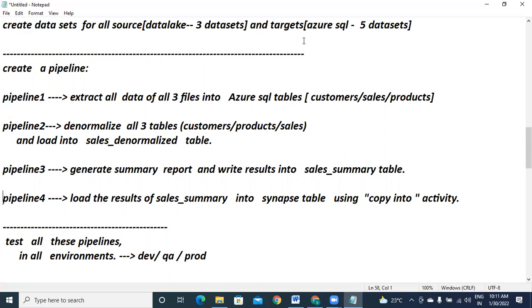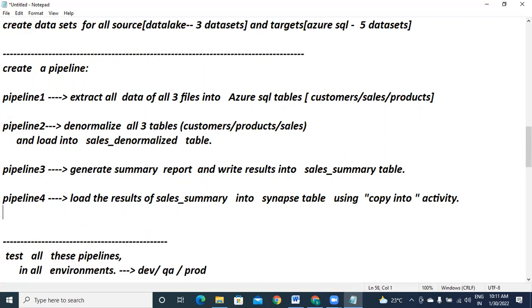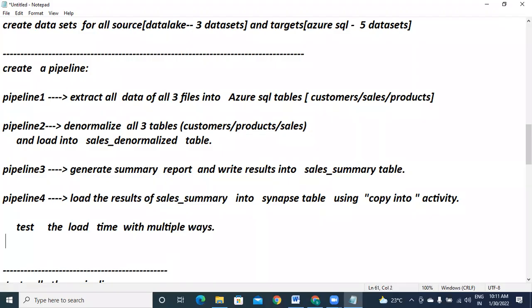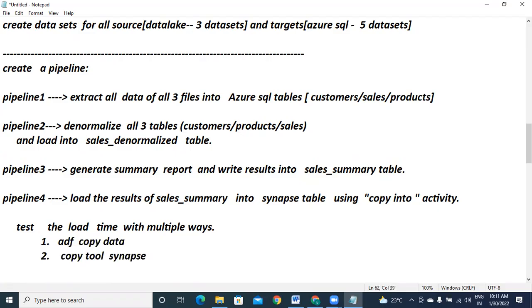Okay. And also one more thing I am adding. Test the load time with multiple ways. One, by using ADF copy data, and number 2, the copy tool of Synapse, especially for the 4th pipeline I am saying.